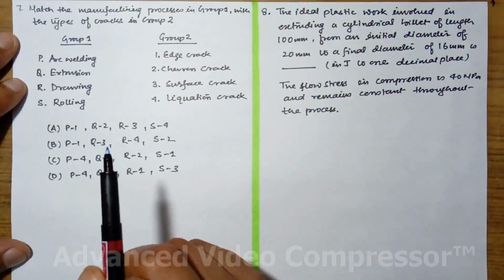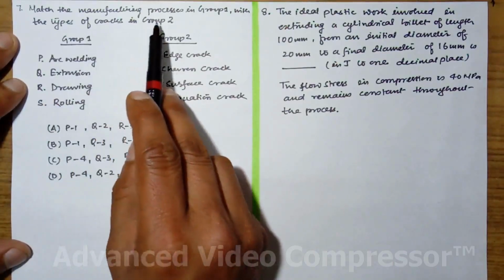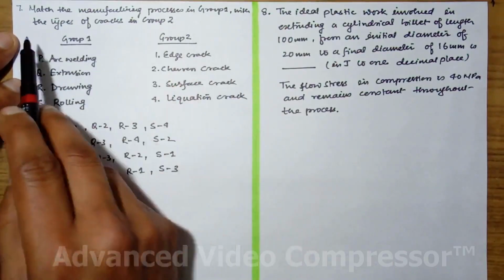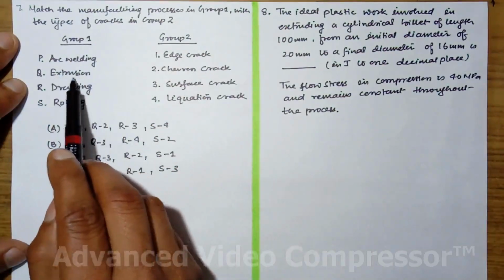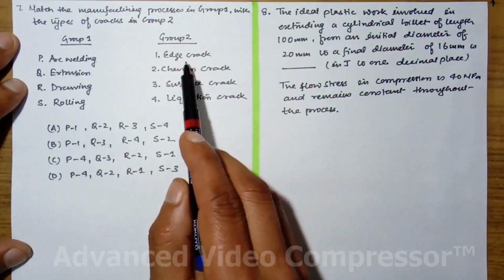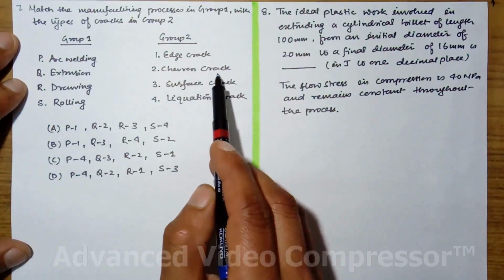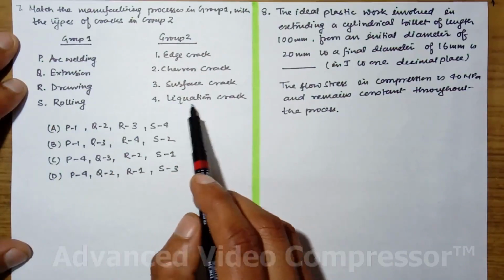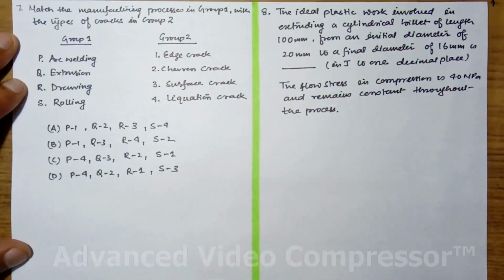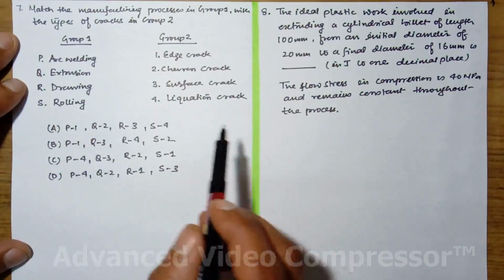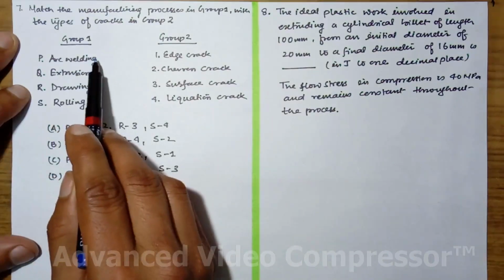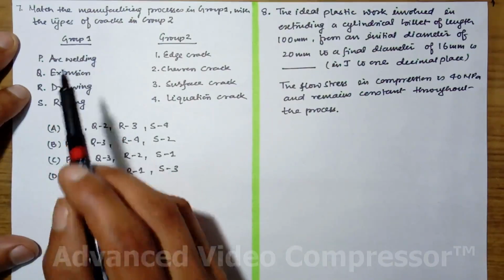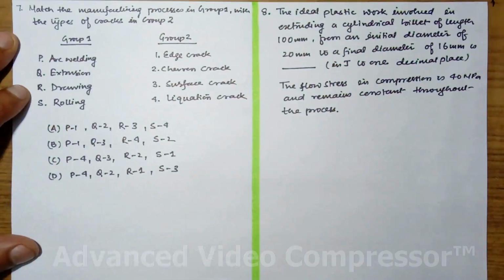The seventh question in manufacturing is to match the manufacturing processes in group 1 with the types of cracks in group 2. The processes are arc welding, extrusion, drawing, and rolling, and the cracks are edge crack, chevron crack, surface crack, and liquefaction crack. We will try to match them. First, in arc welding, some liquid phenomenon is taking place.